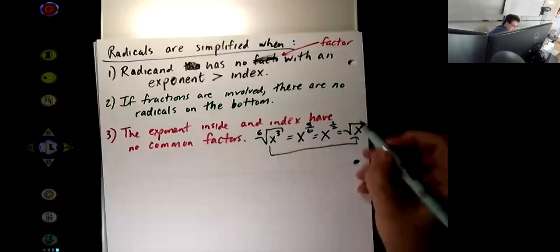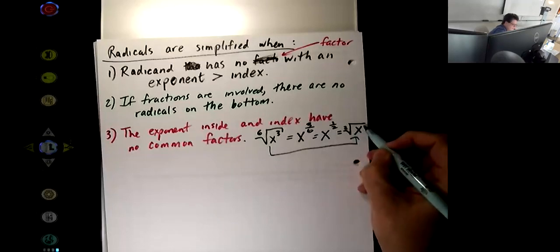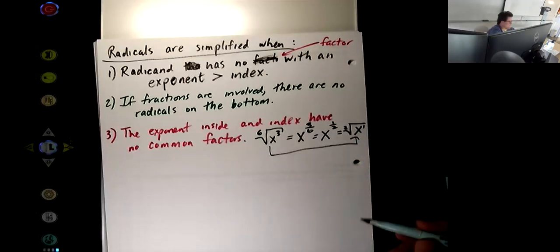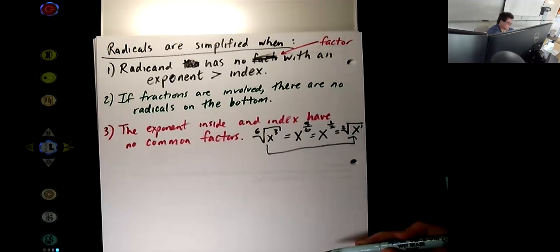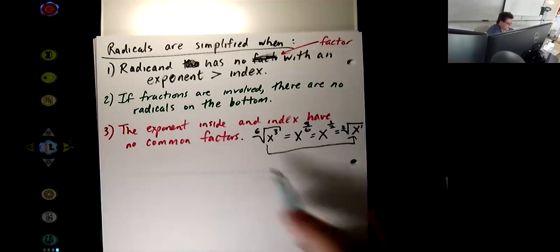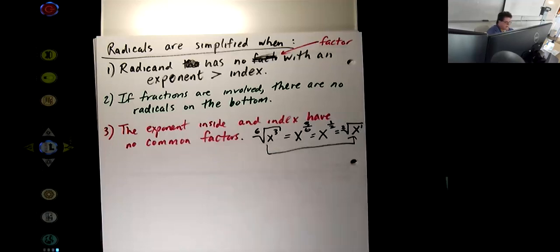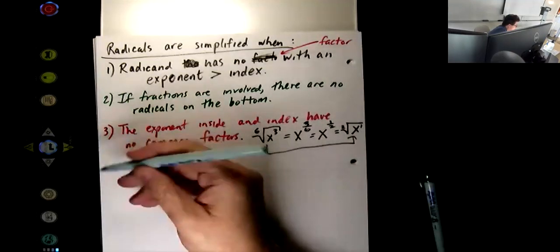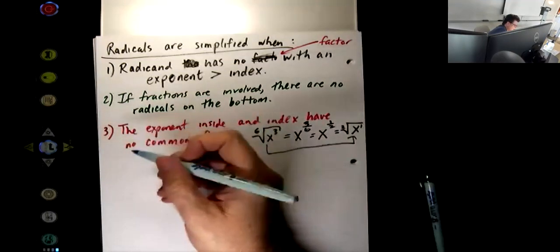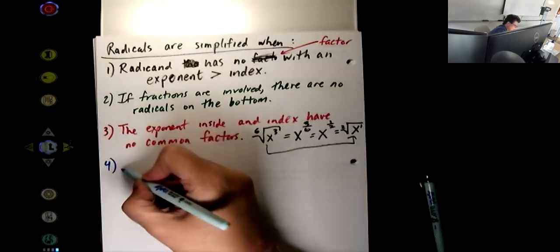And now there's a 2 on the index and a 1 on the exponent, they don't have anything in common. So if you have something where you can divide and simplify it some, you should. And finally, all operations have been performed.